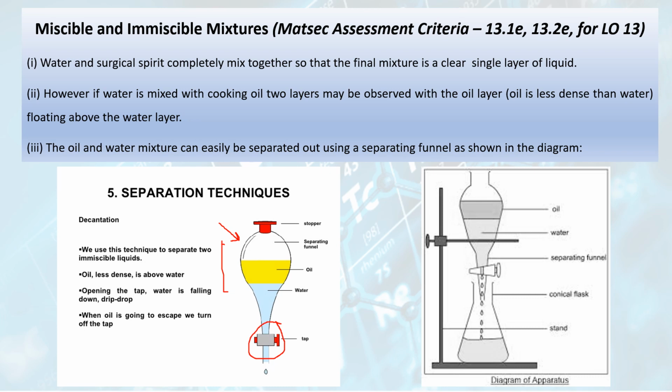At the point where there is just very little water left to drain, there is the risk that if you keep on draining the water, some oil can be carried over. So for the last bit of water above the tap line, you don't keep on draining into the water beaker.